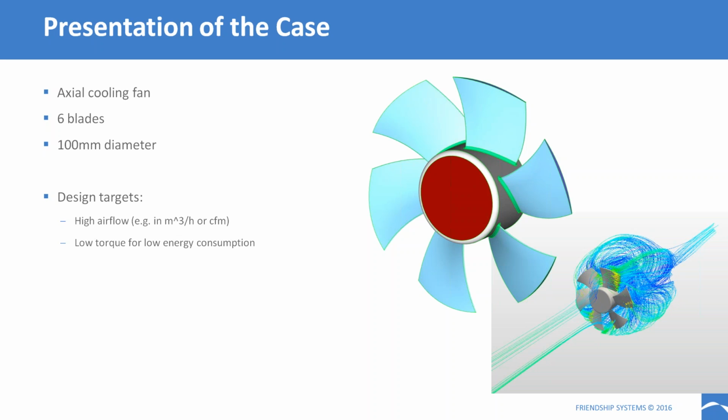That's the one thing. The other target, which is partially conflicting with the first target, so we will see how this goes, is that we want to keep the torque that is applied on the axis of the fan for the rotation of the fan as low as possible, so that we can use a smaller electric motor, or in general consume less energy when driving the fan at a specified RPM.